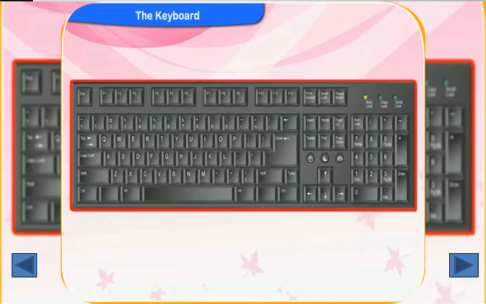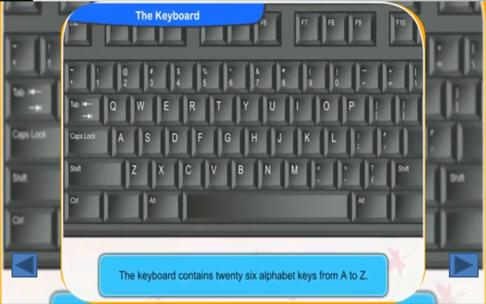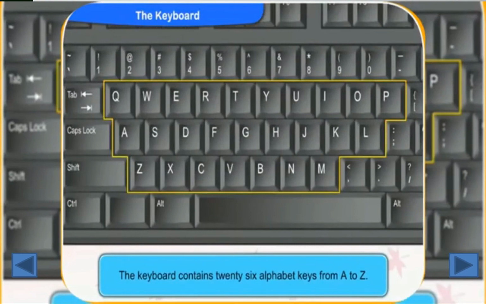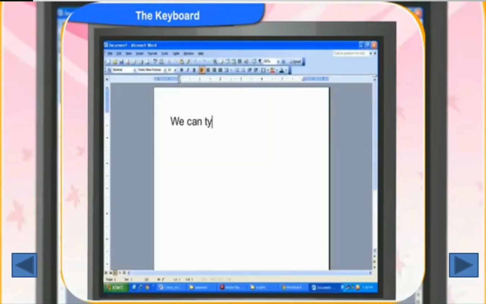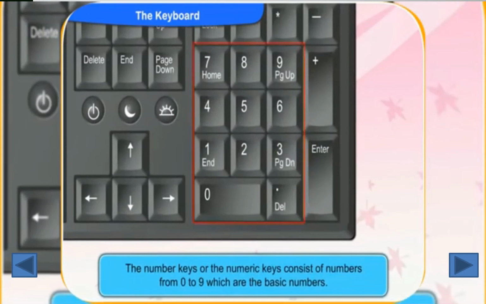Yes, I can see alphabets and numbers on the keyboard. Yes, the keyboard contains 26 alphabet keys from A to Z. We can type words and sentences in the computer using the alphabet keys. The number keys are also called the numeric keys. It consists of numbers from 0 to 9, which are the basic numbers.